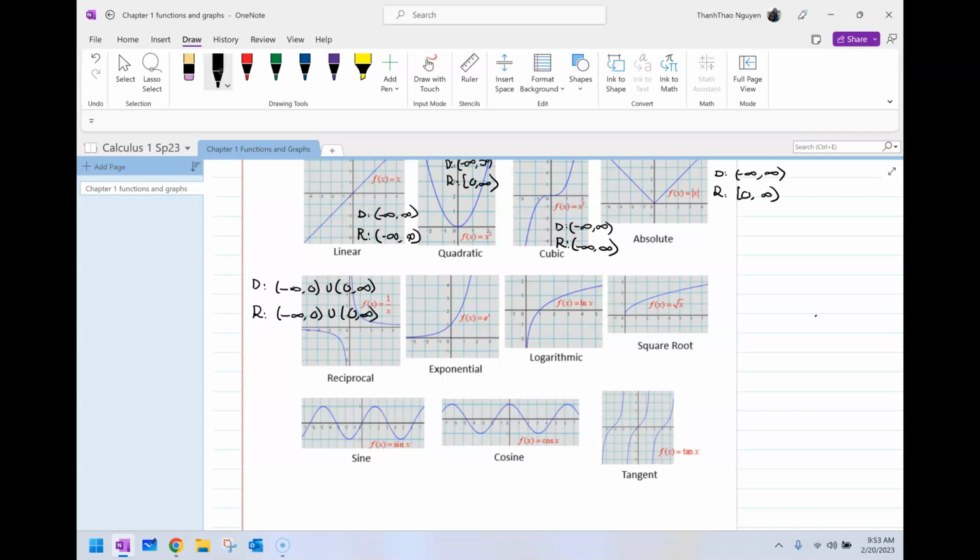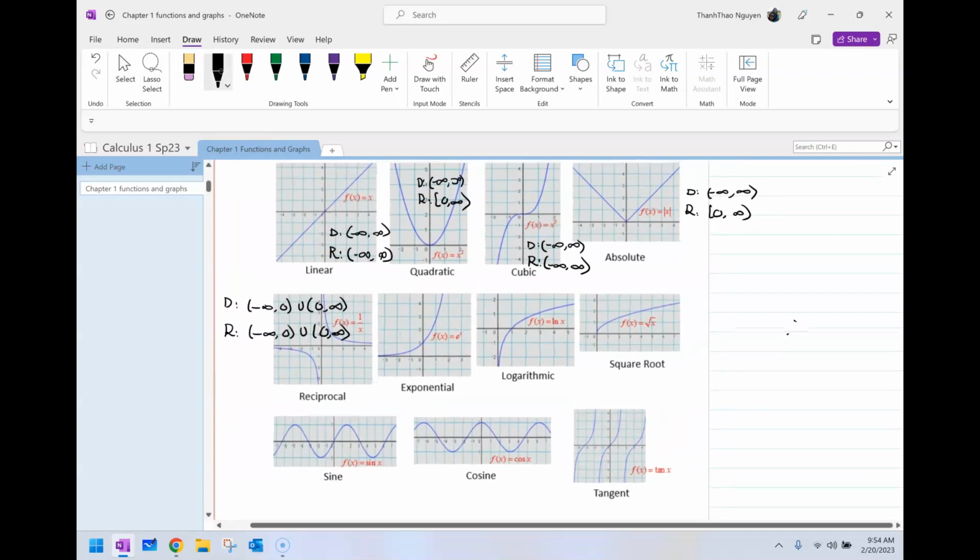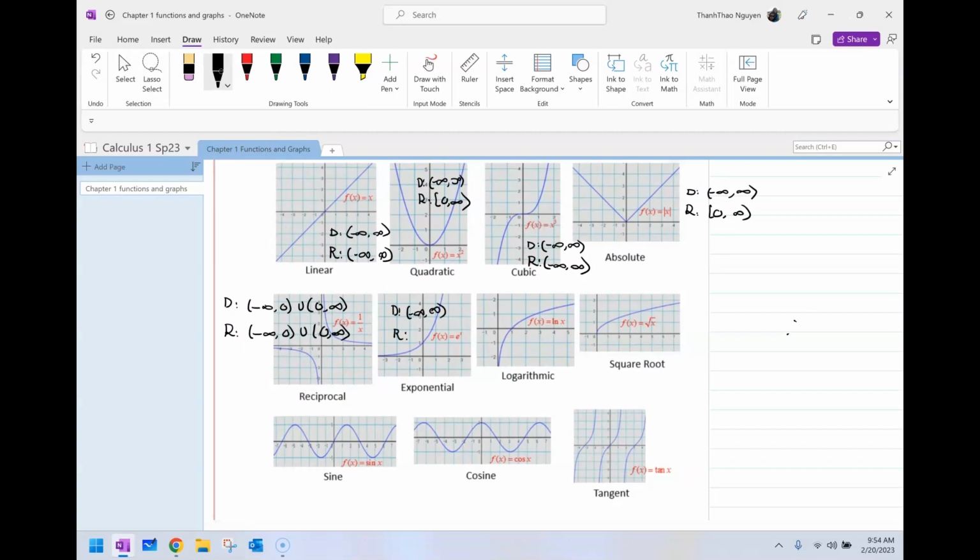And then an exponential function, e to the x. x can be any number. Remember, when we take an exponent, we get close to 0 if x is a fraction between 0 and 1. So then the domain here is all real numbers, whereas the range is from 0 to infinity.